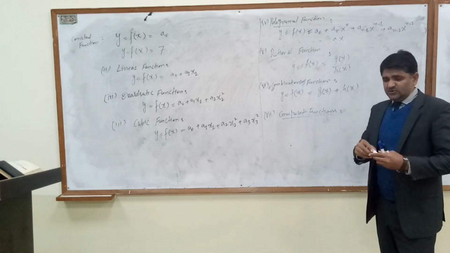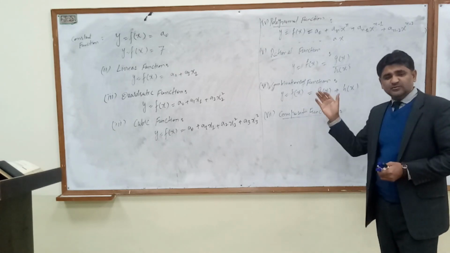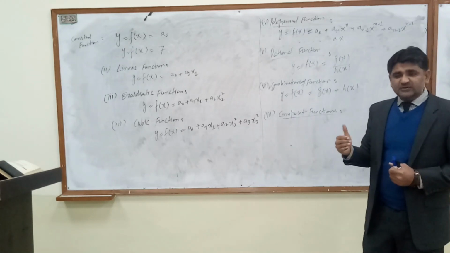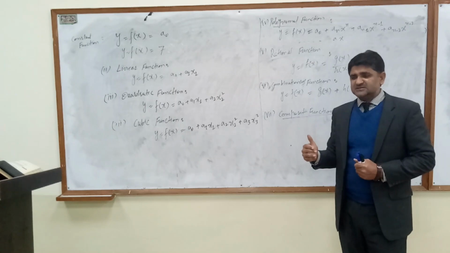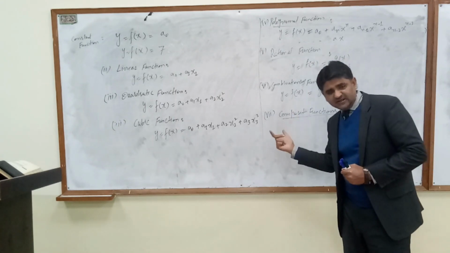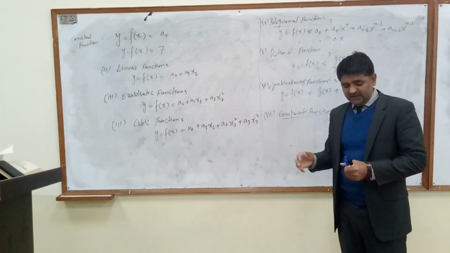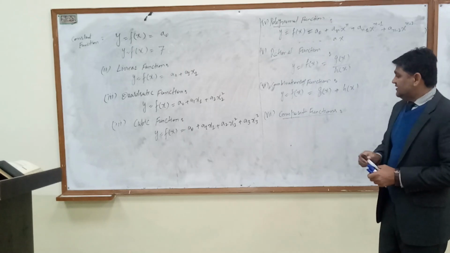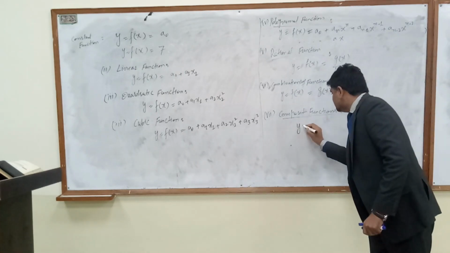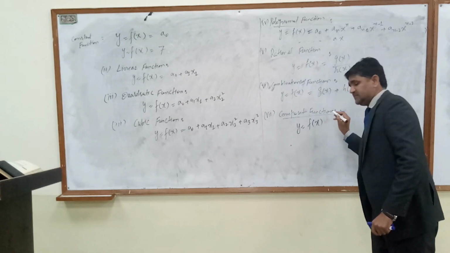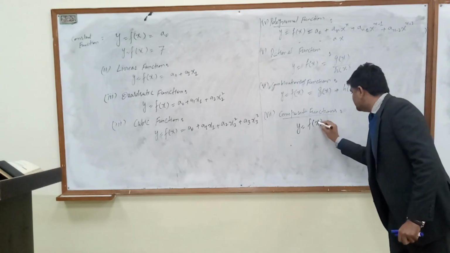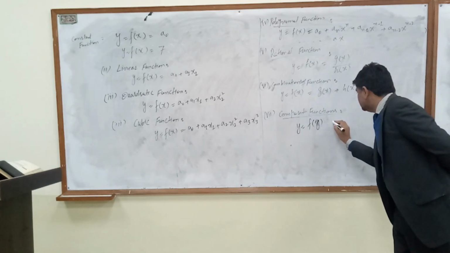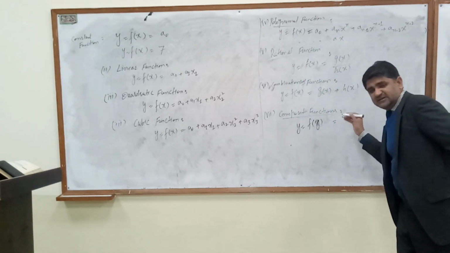When the value of one function depends on the value of another function, we can simply say one function is determined based on the value of another function, that is called a composite function. It has a general form: y is equal to f of, suppose, f of g, and g has a further function.